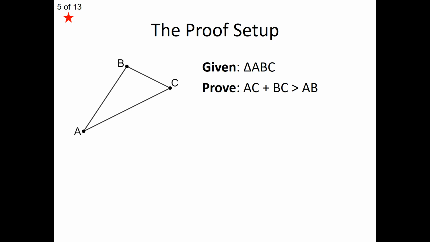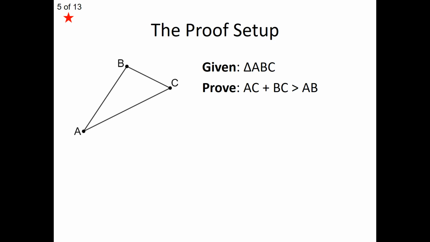Here's what we're going to do. We're going to take point C in our diagram, where the segment BC is formed on a line. We're going to extend BC through point C out to a point D. We're going to make it such that AC and this new segment CD are equal in length.